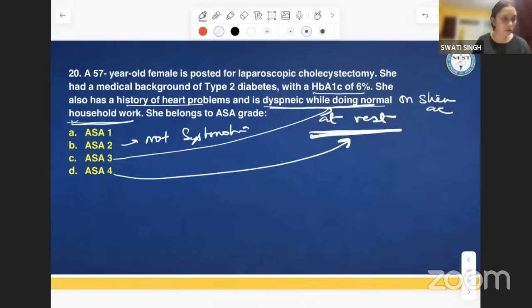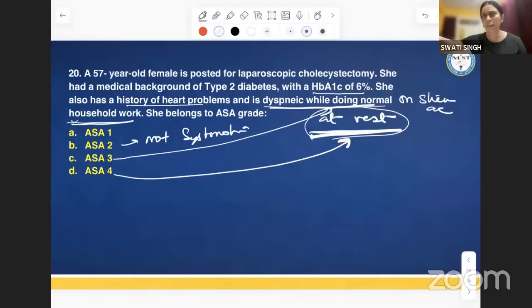Any doubt? Yes, Bhuvana has written 4. Well, Bhuvana, I have particularly put this question just to create a little confusion and then clarify it. Yes, you can get confused whether it is 4. Actually, if the patient is at rest having symptoms, for example I cannot talk, even while speaking one line I am dyspneic, then I am 4. This is not compatible with life.